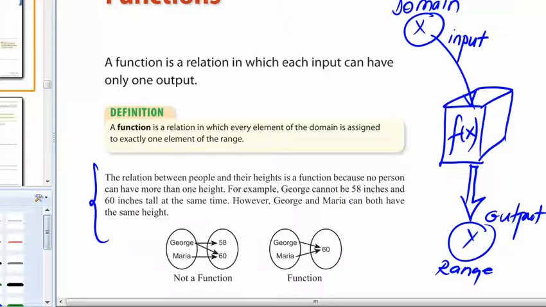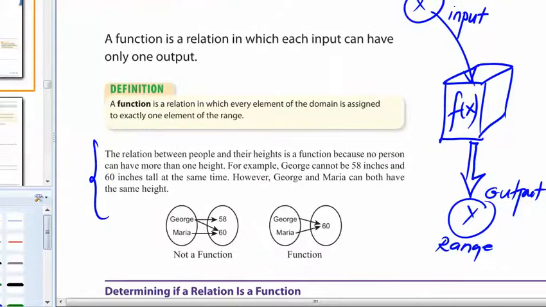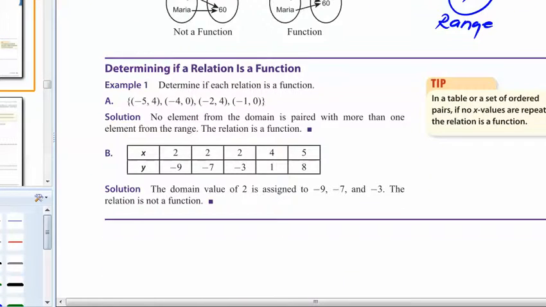Okay, and in class we talked about other examples, ways to determine this, and as you can see here in your manual, I'm checking my x's: when x equals 2, the output is -9. I have again x equals 2, and the output is -7. Well, I can say right away that this relation is not a function.